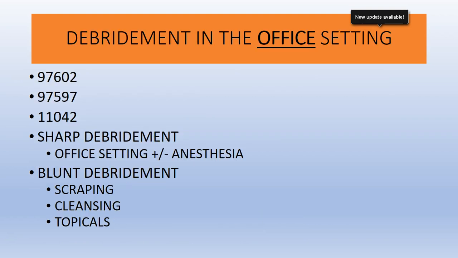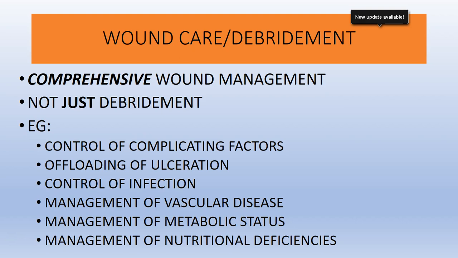The coding should be appropriate for the depth of the wound that was debrided. Typically, this will include sharp debridement with or without anesthesia. There is also, of course, blunt debridement that can be performed. You want to remember that debridement alone is not sufficient to suggest that comprehensive wound management is ongoing.